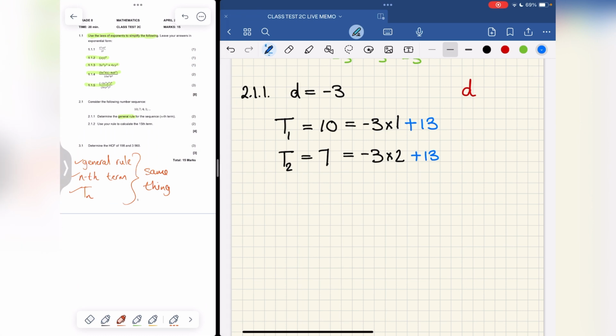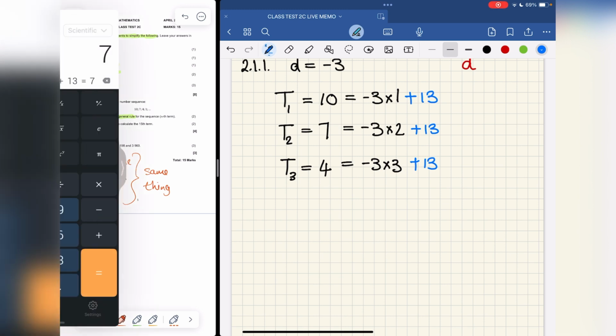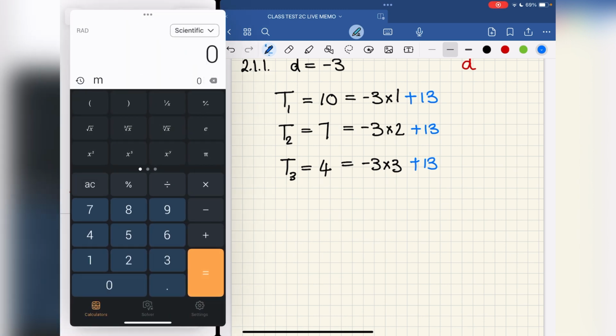Let's just do this one more time for the third term. Term 3 is equal to 4. If I take my constant difference of negative 3 and multiply it by the term position, which is 3, and I add 13: negative 3 times 3 is negative 9, and negative 9 plus 13 gives me 4.